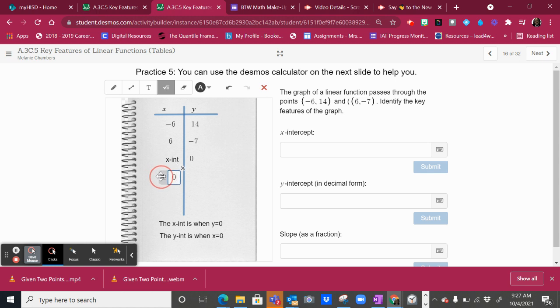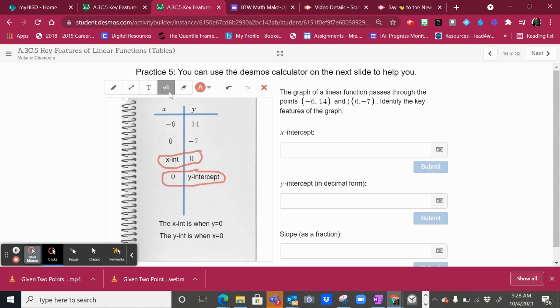When that's 0, then we know we have the y-intercept. So I'm going to write that here just as a reminder, so you'll know when to recognize the y-intercept and x-intercept in a graph. We're trying to find the x-intercept, and we're trying to find the y-intercept.